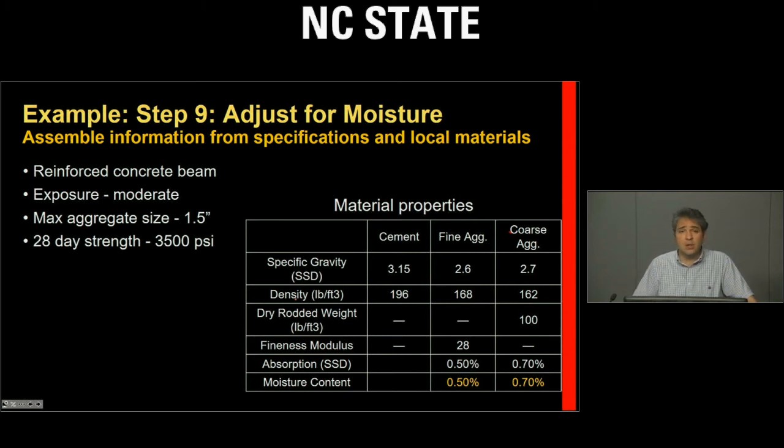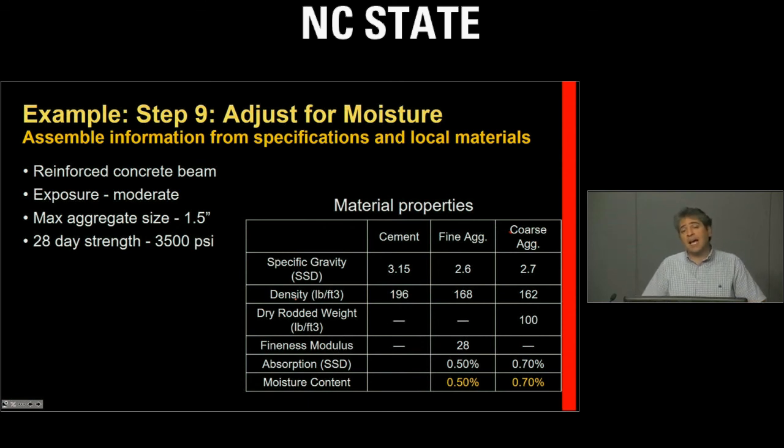Now, we are not going to go through that step over here because that is not required for this particular example, but in class we will solve an example where the moisture content of the aggregate is different from the SSD absorption of the aggregate for both coarse and fine aggregates. And in class we will learn how to do that moisture adjustment. It is practically very easy.